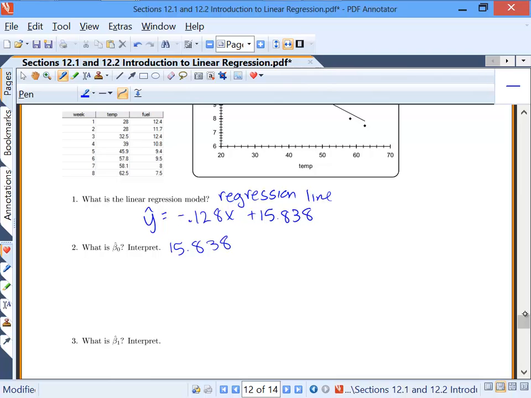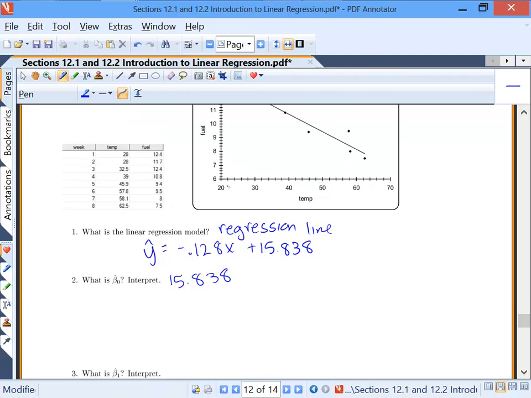Could we possibly have a negative temperature though? Yes. So that's the fuel consumption predicted at 0 degrees. People don't do that a lot when they look at my plot, because my plot only went to 20 degrees. But mathematically, our intercept is always the y value when x equals 0. No matter what the graph looks like, that's our definition of an intercept.